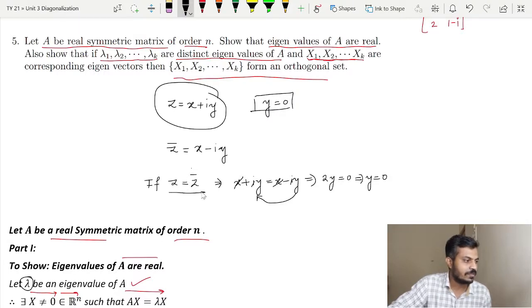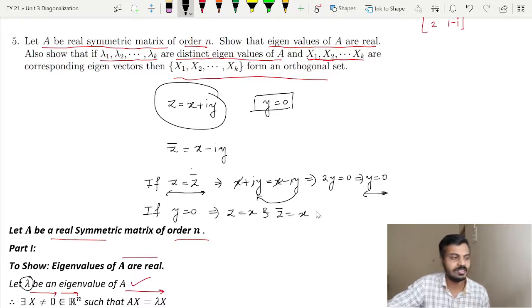Remember, I started with z equal to z bar, and I have proved that y is equal to 0. Now if y is equal to 0, then z will be equal to x, and what will be my z bar? It will be x only, because it doesn't have any imaginary part, and this implies z is equal to z bar.